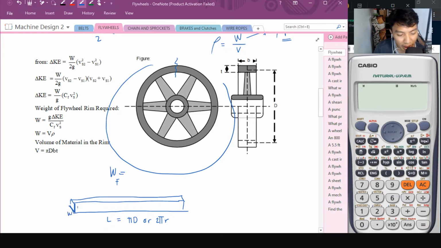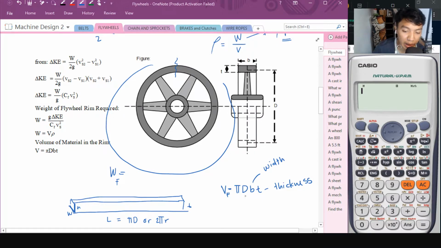Your height is equal to the thickness of the metal that you used, and your width is simply b. So, the volume of the flywheel is equal to pi d b t, where b is the width of the flywheel and t is the thickness. And d is the diameter, or the mean diameter, of the flywheel.